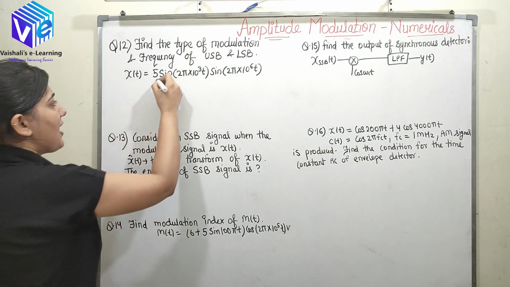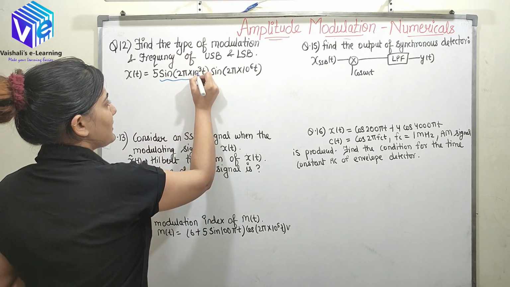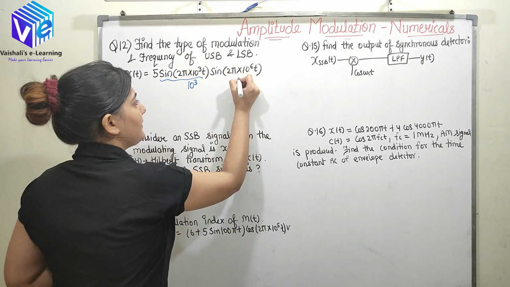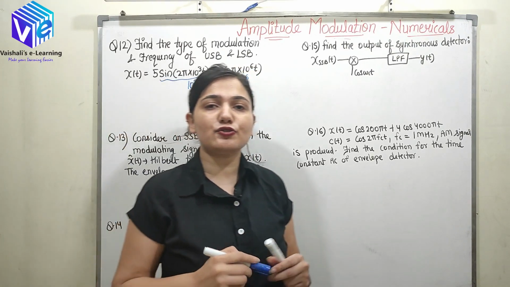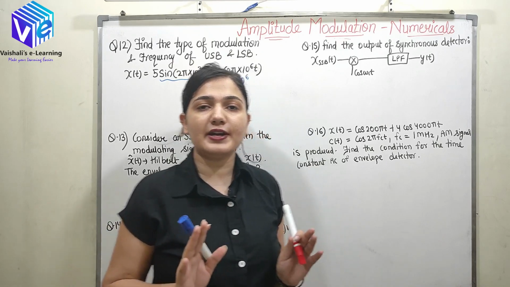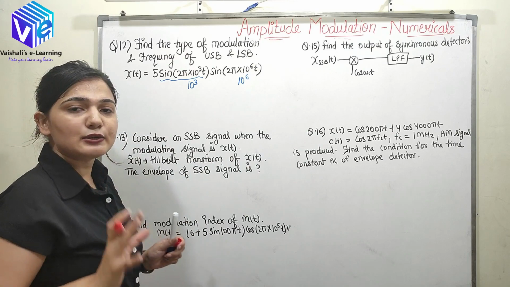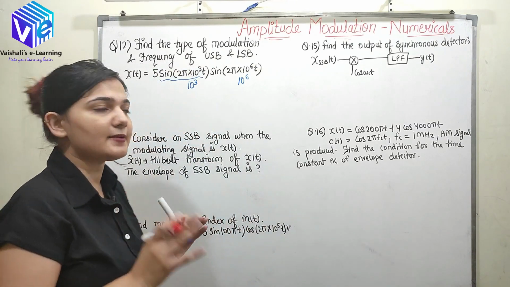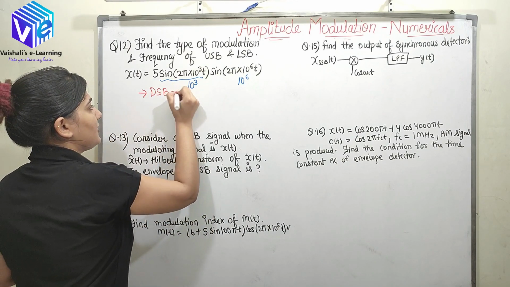Here I have a sinusoidal term of low frequency. You can see the frequency here is 10 raised to power 3 and here the frequency is 10 raised to power 6. When two sinusoidal signals of different frequencies, where one frequency is very high and the other is low, are multiplied, this is a kind of double sideband suppressed carrier amplitude modulation.